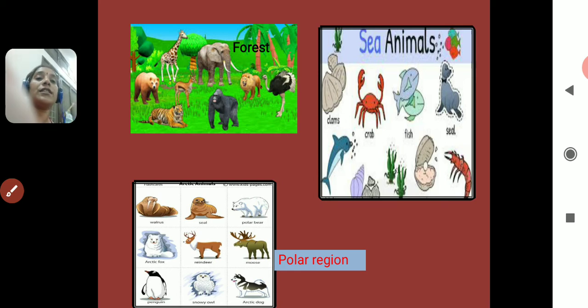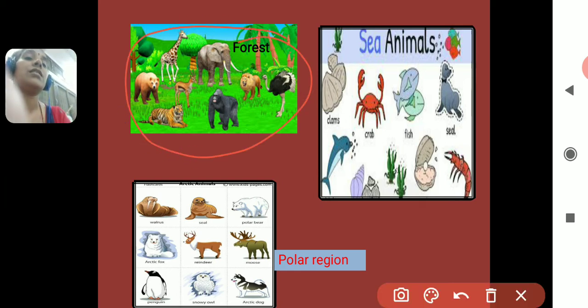Now observe here, students. Here you have observed an elephant, giraffe, tiger. It means these animals live in the forest.